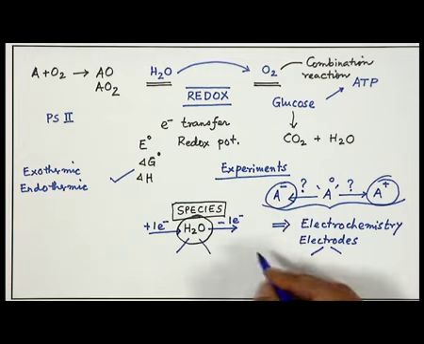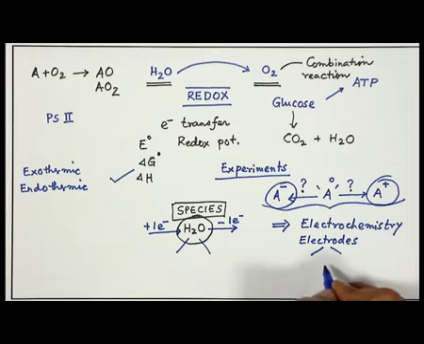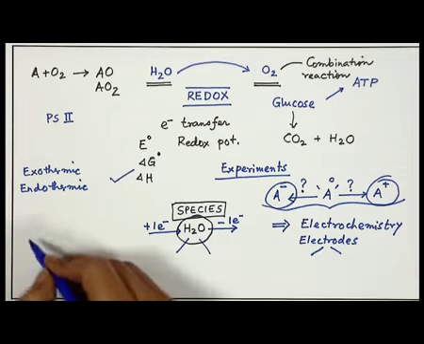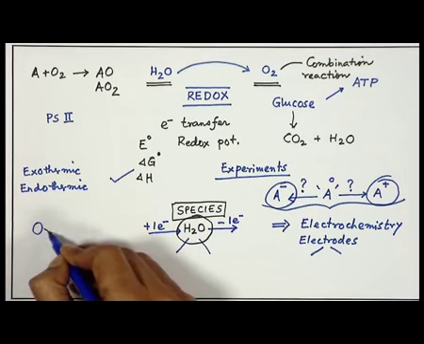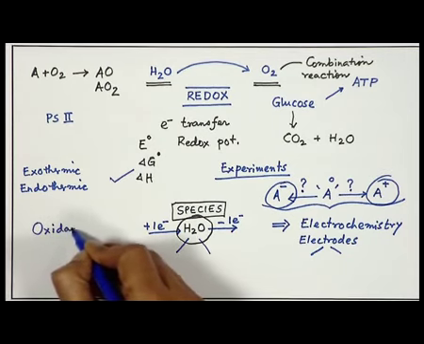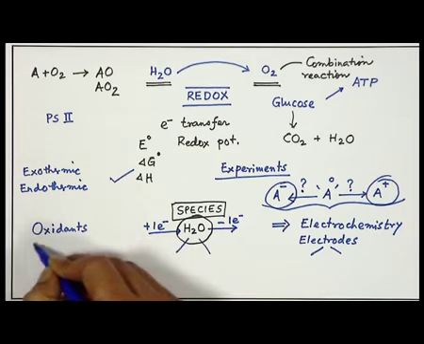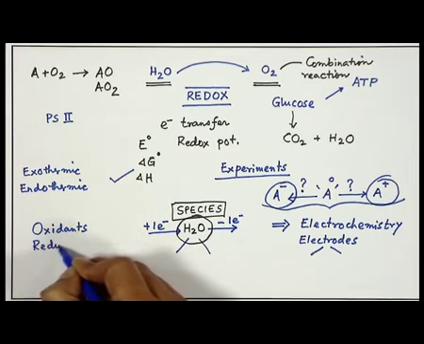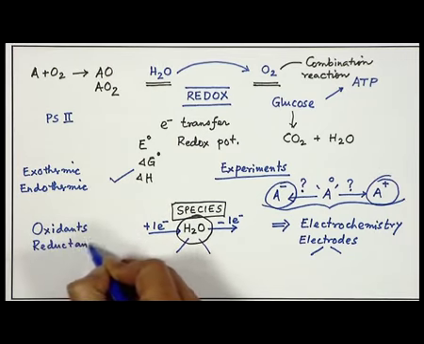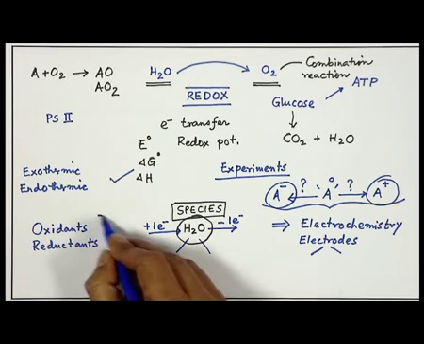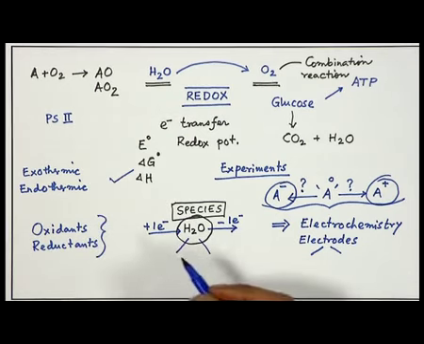But there are some reactions, and all chemists are always interested in chemical reagents. So, chemical reagents are what we can use for oxidizing or reducing a particular species such as A. There we will be utilizing the oxidants and reductants. These are all chemical species.